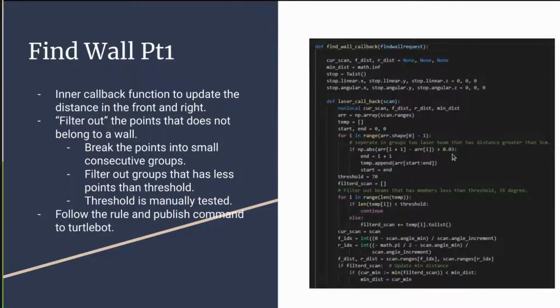Because of the signs here, if you're not too close to it, the angles between the readings are not going to be that great in the laser scan, so the segment is going to be short. So here we set a threshold to 70, which is 35 degrees in practice, and we filter out the scans that are smaller than that. That should catch the obstacles in most cases.